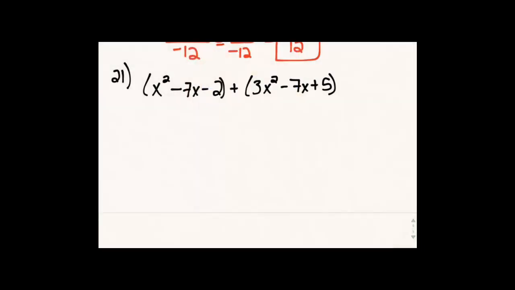We have x squared and 3x squared, which gives us 4x squared. Then we have -7x and -7x, which gives us minus 14x. And then we have -2 and plus 5, which give us plus 3. So there's our answer.